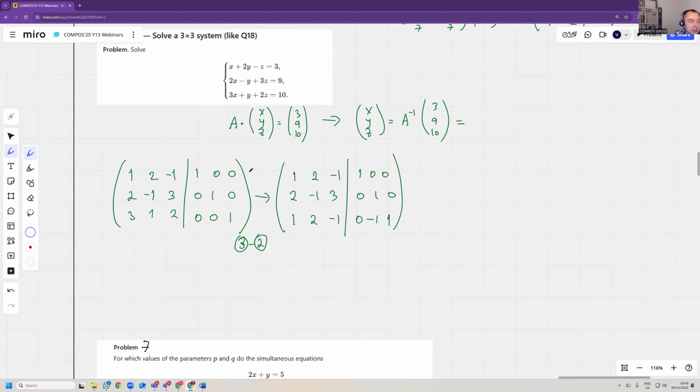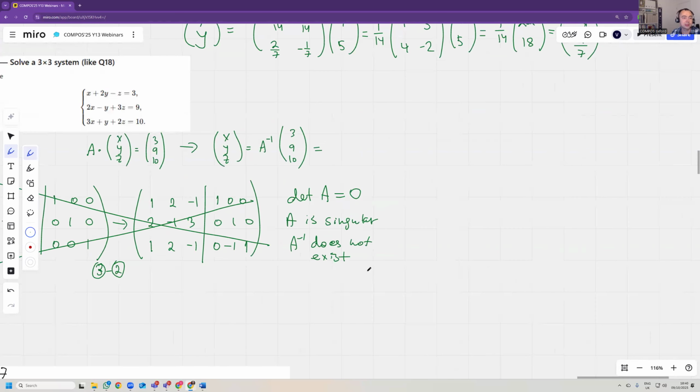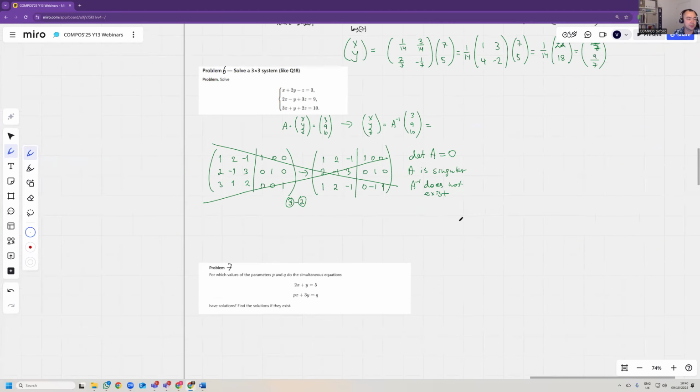So basically it means the determinant of matrix A is 0. A is singular. A minus 1 does not exist. Okay, that's a pity, but that means we can use a different method.